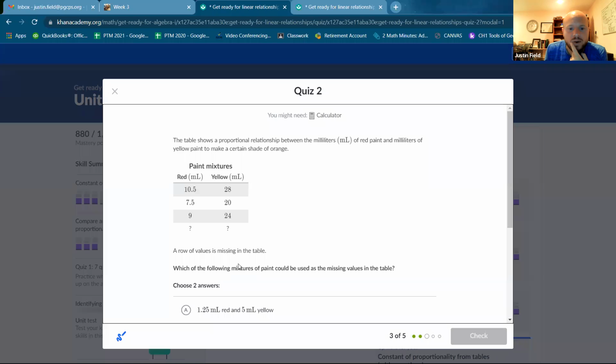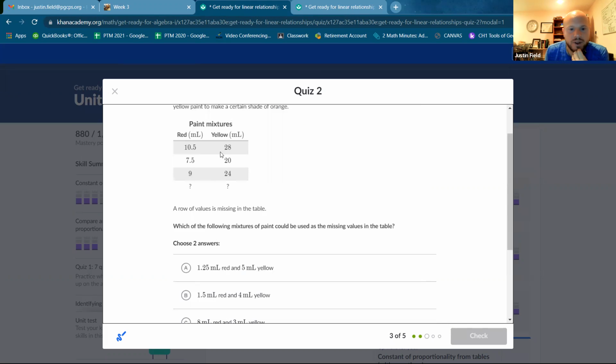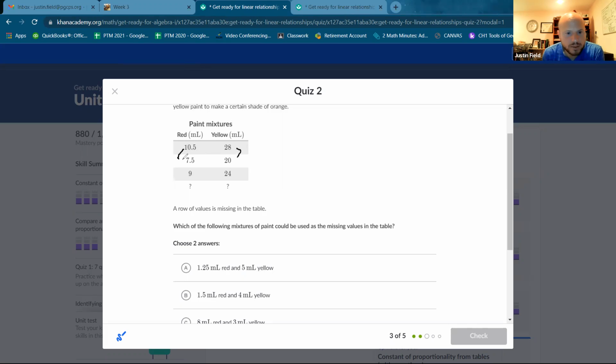Okay. Which of the following mixtures of paint could be used as the missing values in the table? All right, so let's look at this. I'm looking at the pattern in the table. 28 to 20 is -8. 10.5 to 7.5 is -3.